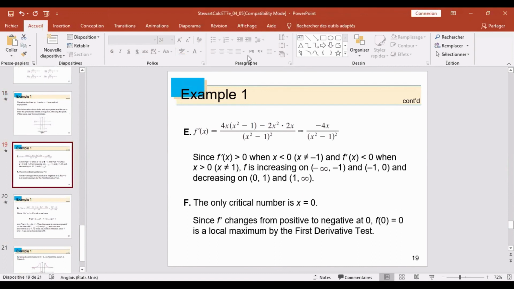Obviously, we use the derivative of a fraction. When we have f equals h over g, then f prime is equal, you know the expression of f prime, who can tell me the quotient rule? f prime is equal what? h prime g minus h g prime divided by g squared.